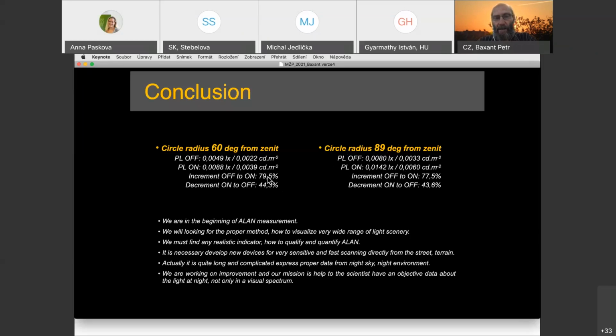This is similar with a smaller circle and a bigger circle. So the increment from state off to state on of public light is 77%, or 43.6% if we switch off the light.